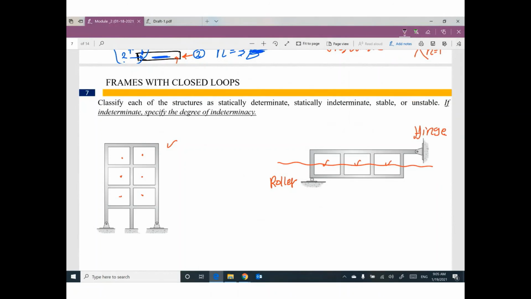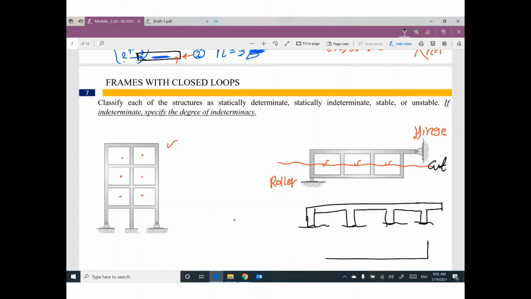If you did this cut, we will have this part. You did cut here, cut, cut, cut. And we will have, sorry, this part like this.